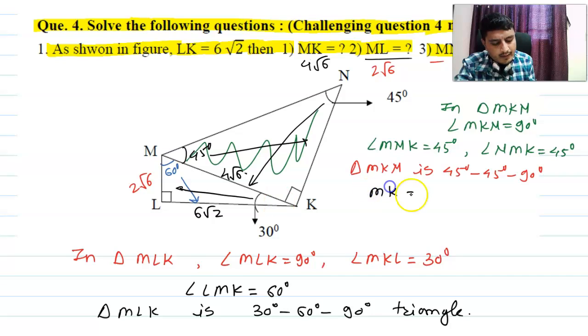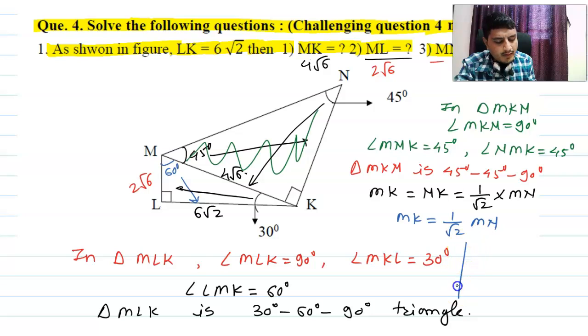So we can write MK is equal to NK is equal to 1 upon root 2 times the hypotenuse, and the hypotenuse is MN. Now we consider MK equal to 1 upon root 2 times MN, because we are finding the value of MN here. We have the value of MK as 4 times root 6, so 4 times root 6 is equal to 1 upon root 2 into MN.